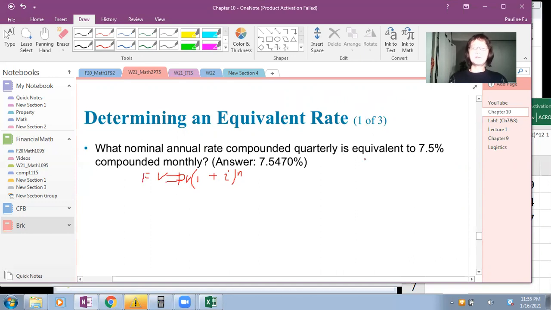Because they are equivalent means they are going to achieve the same future value. So let's suppose present value equal to 1. Just suppose. If present value is 1, future value becomes 1 plus I raised to power n.